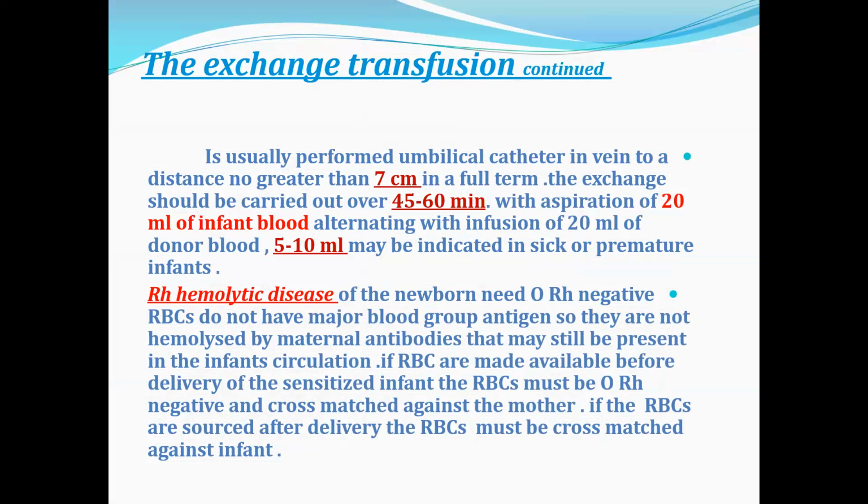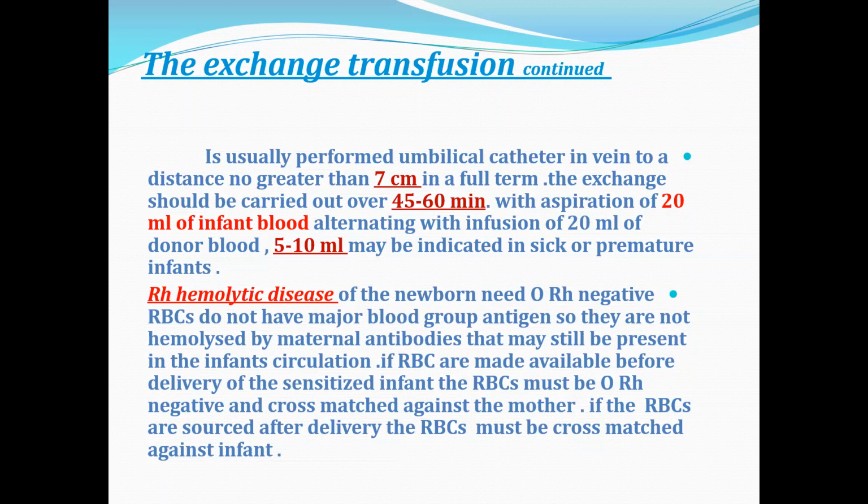Exchange transfusion is usually performed through the umbilical catheter in the vein, to a distance no greater than 7 cm in a full term infant and less for a premature.